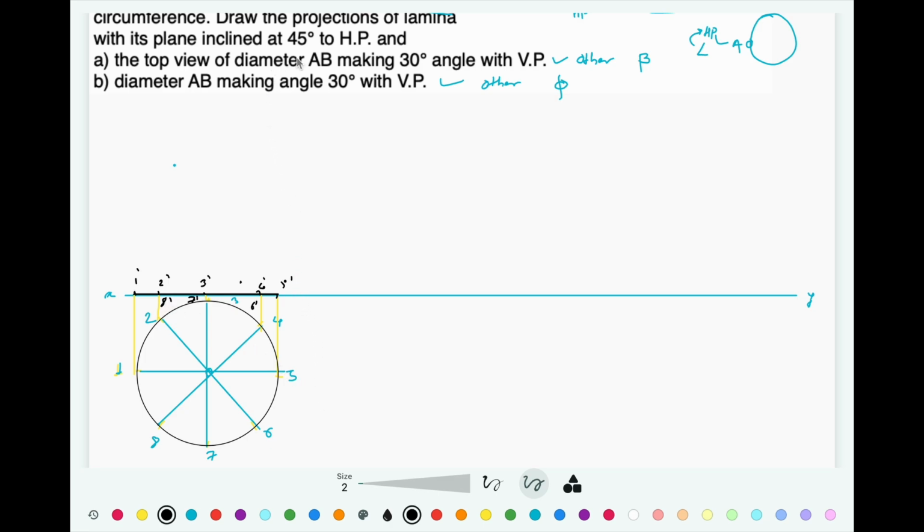Now the second step, the plane is inclined 40 degree to HP. So first locate this point 1 dash and then draw a line inclined at 45 degree.